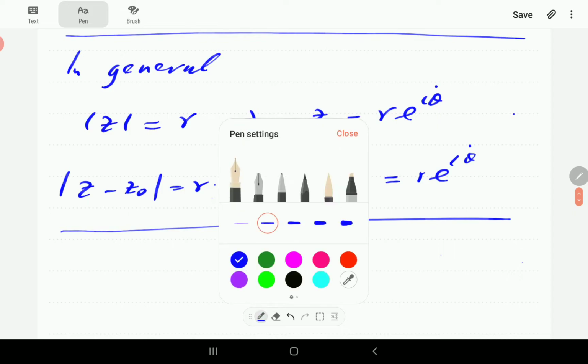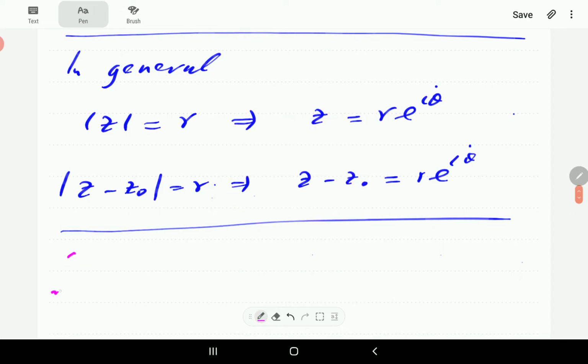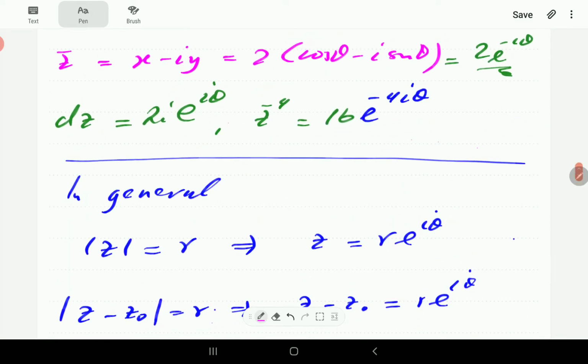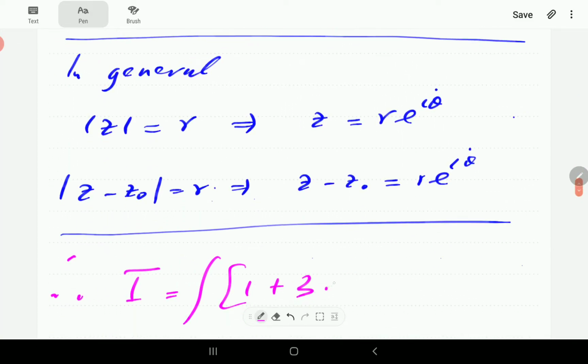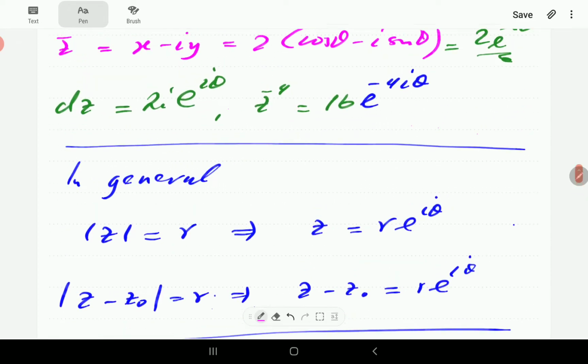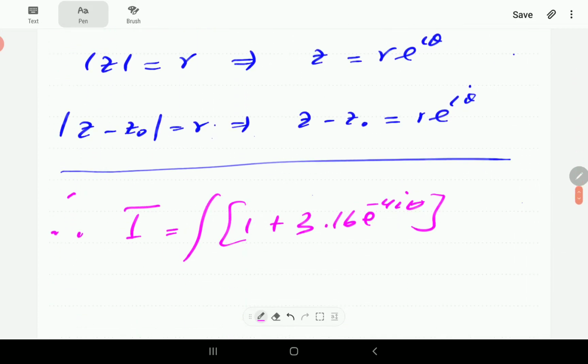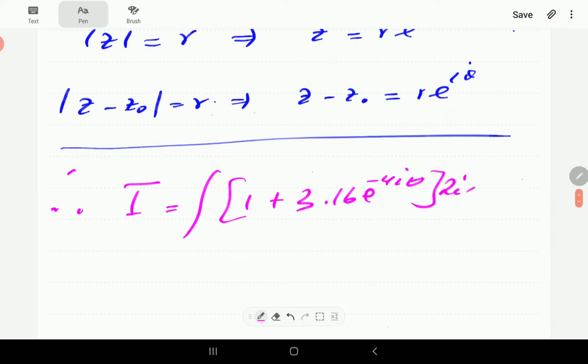All right, so back to our integral. Our integral I is going to be the integral of 1 plus 3 times mod z to the power 4, which is 16 e to the minus 4i theta. And then dz is 2i e to the i theta d theta.